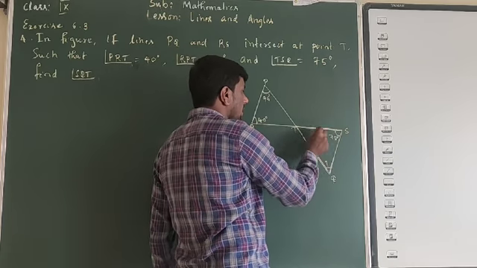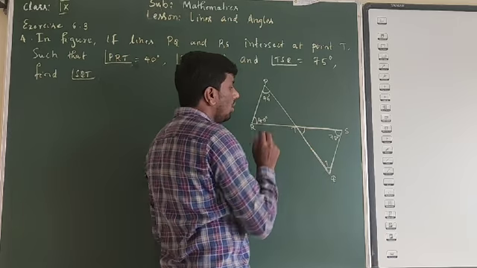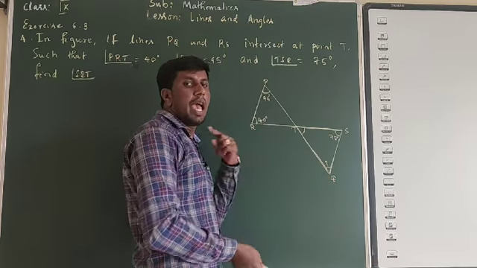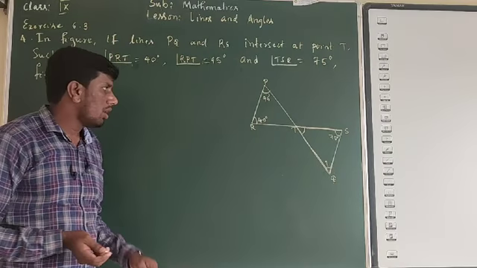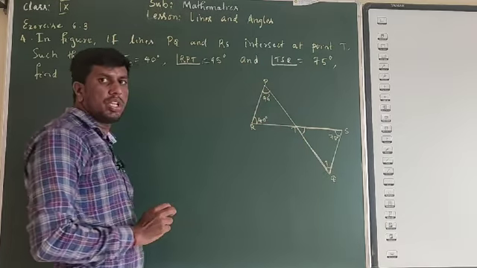This one is known, 75 degrees. This other one I should also know. If I know these two angles, I can easily find this one by using the angle sum property of a triangle. Right? So how will you find this?